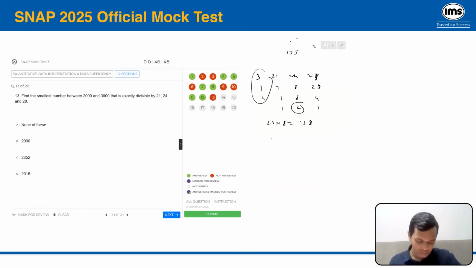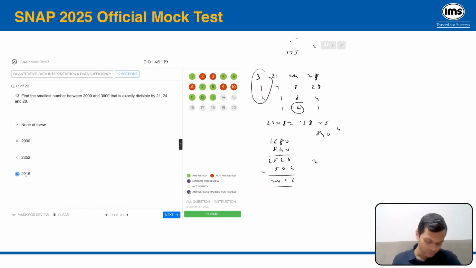So 168. So 1680 will be there. 168 into 5 is how much? 840. 2520, but there will be a minus how many? 3? 504, right? So 2016. Yep, 2016.